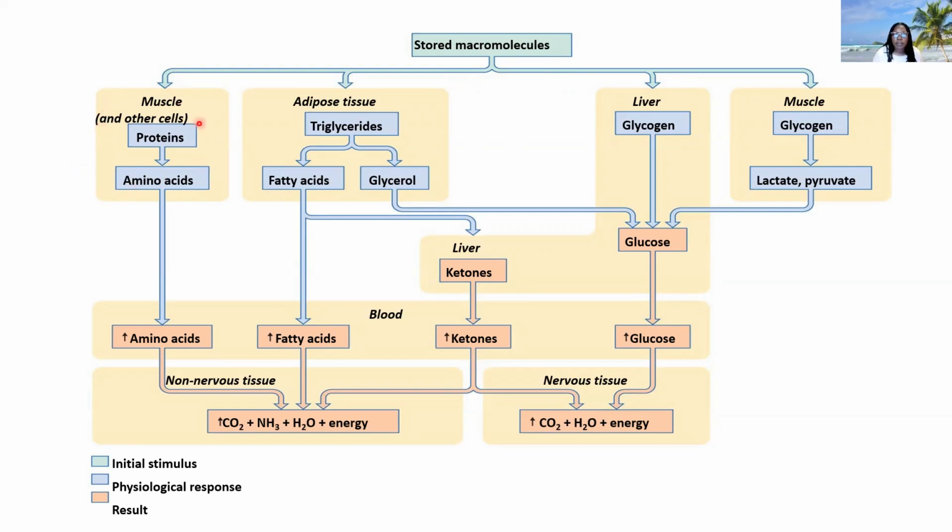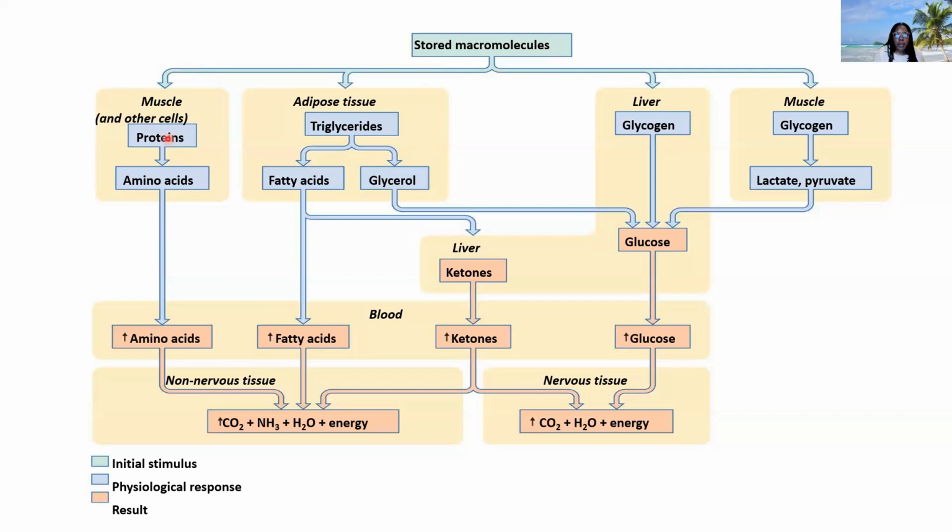I like to really preface this. The body does not like to break down muscle for energy. This is really a last resort option. Typically, it will start with glycogen first and then move over to adipose. So while breaking down muscle is an option, I want to put the exception here. This is typically a last resort.